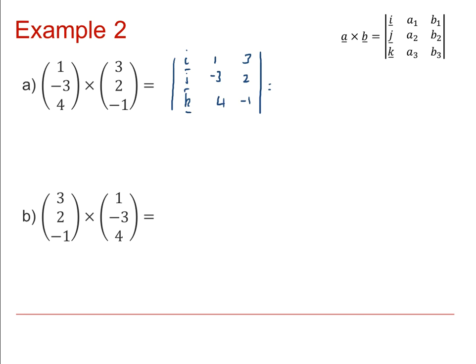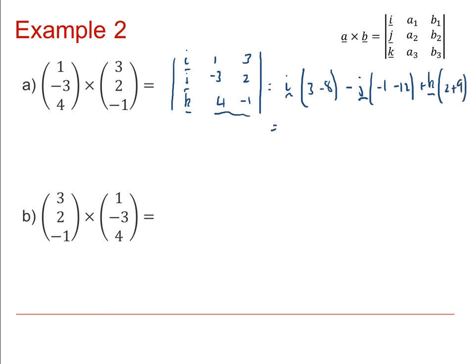So that's equal to i, and then the determinant of the bottom part of this matrix, which will be 3 minus 8, then minus j, and negative 1 minus 12, and plus k, 2 minus negative 9, so 2 plus 9.